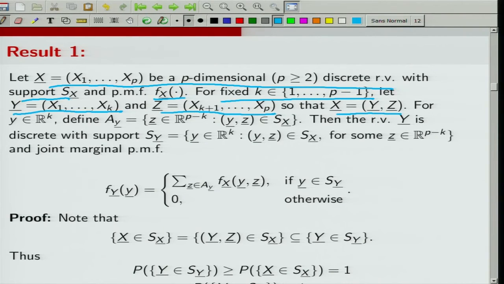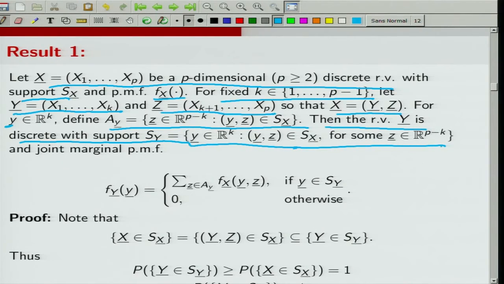So, this whole X has been divided into two parts: the first k components, which are X1, X2, ..., Xk, and the remaining p minus k components, which are X_{k+1} to Xp. Now, for a fixed y belonging to R^k, let A_y be the set of all those z such that (y, z) is in the support of X. Then the random variable Y is discrete with support S_Y.